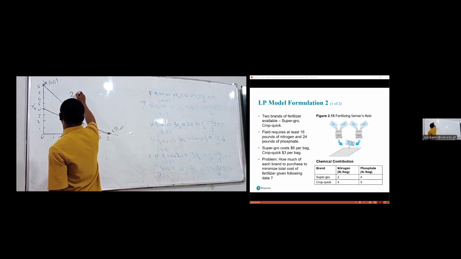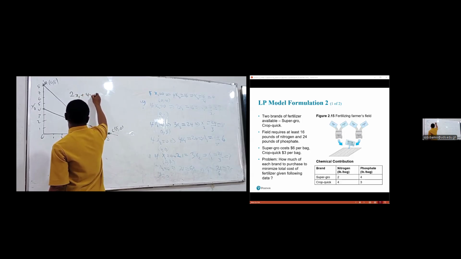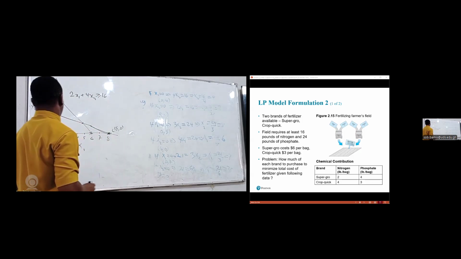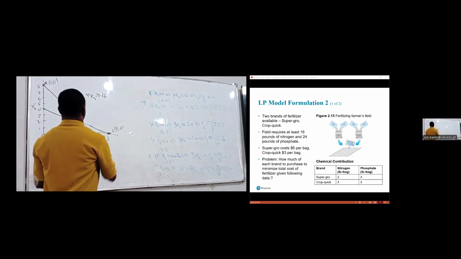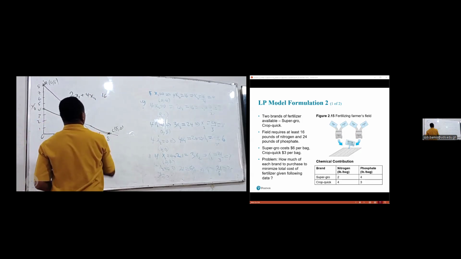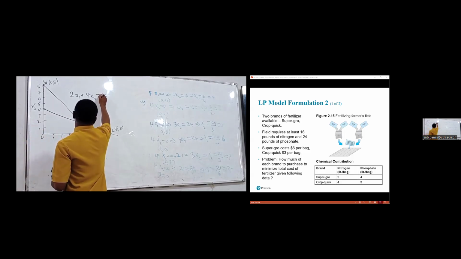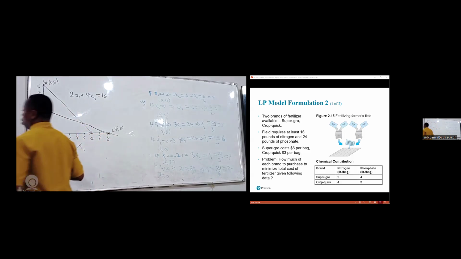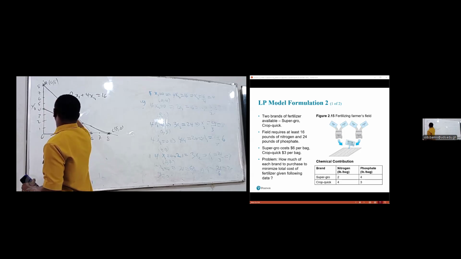So we have 2x1 plus 4x2. Right now we state it as an equality. Then the second constraint, which is what?